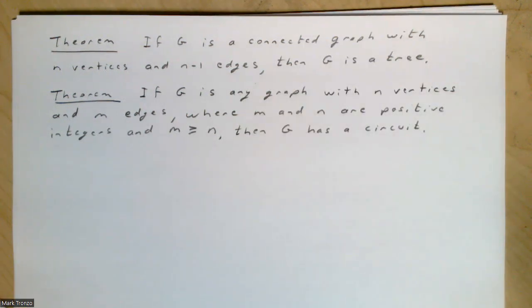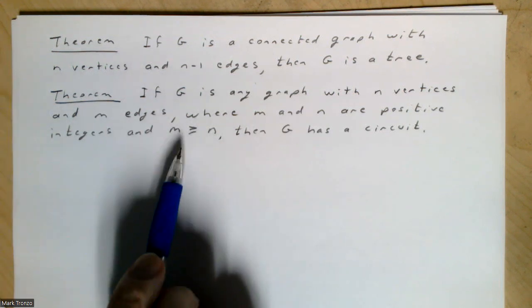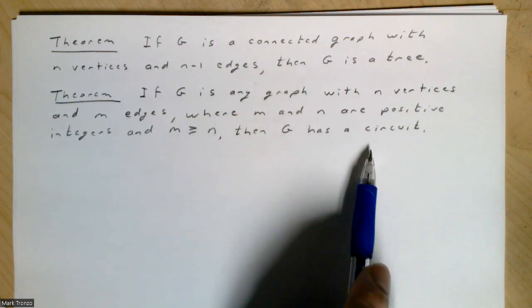So if G is any graph with n vertices and m edges, where m and n are positive integers, and m is greater than or equal to n, then G has a circuit.